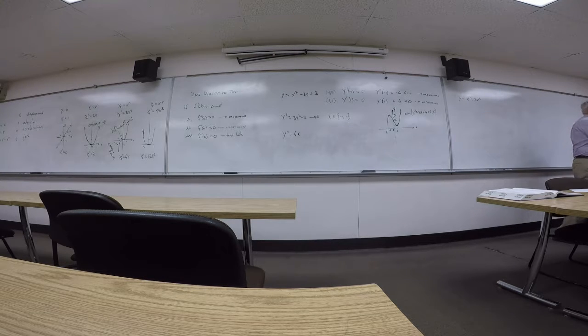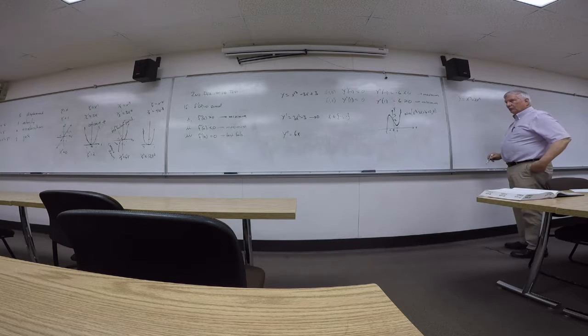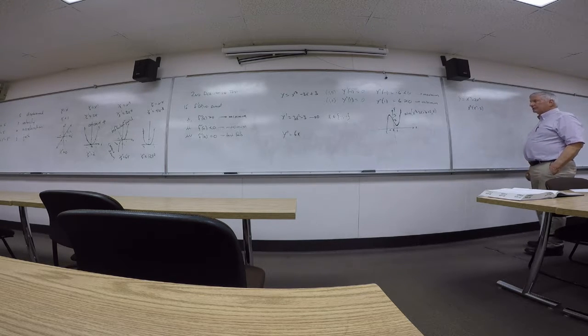And I think the reason they point out that this factors is so we can find the zeros of the function rather easily. We have x squared times x squared minus 2. So the zeros of this function are negative square root 2, 0, and plus square root 2.